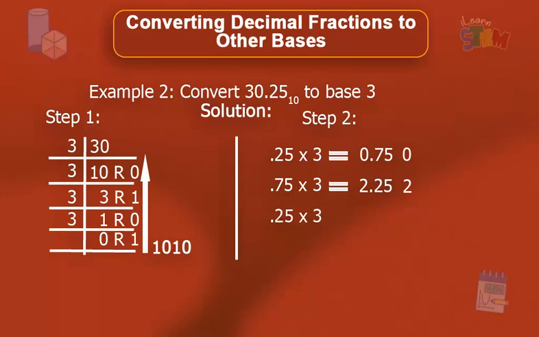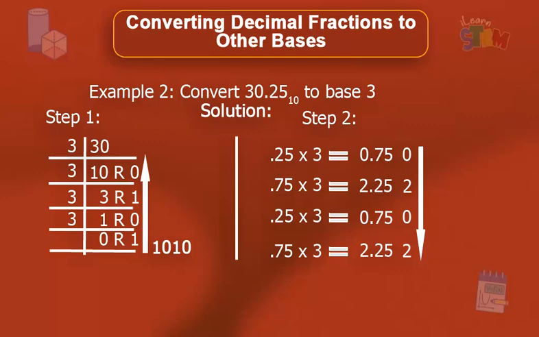0.25 times 3 equals 0.75. We take note of 0 as the whole number and multiply yet again. 0.75 times 3 equals 2.25. Notice that we have recurring numbers. So, we collect our whole numbers in descending order.